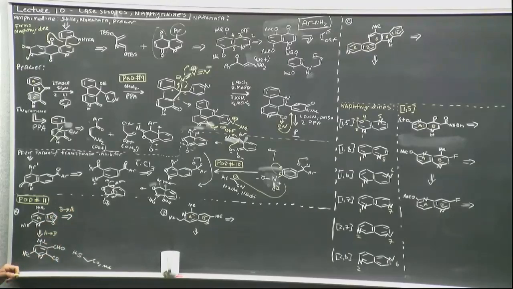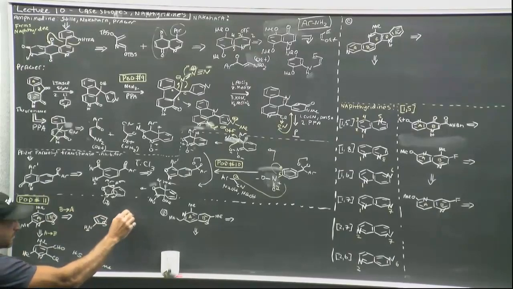Yeah. And so what is the starting material for, if we do that, we need a thiophene building block. What is your thiophene building block? The 2-amino. And how do I annulate that? With the 1,3-diketo.